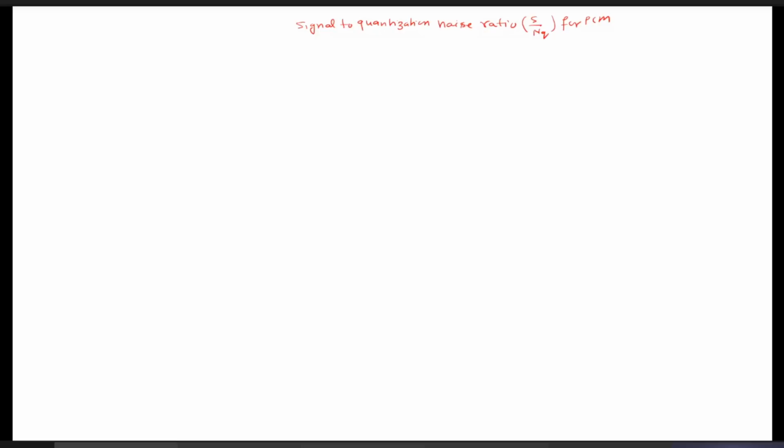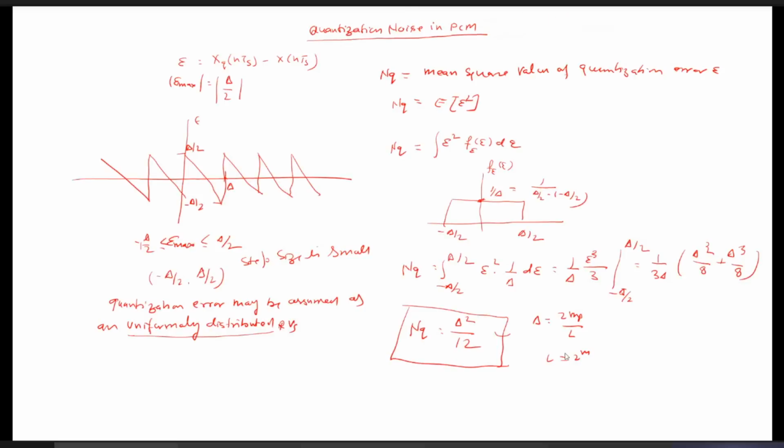But we will take the same expression for the quantization noise as we calculated in the previous slide, delta square by 12. Then in the next class, we will calculate the signal to quantization noise ratio, solve one or two problems related to the PCM, and then go for the DPCM.